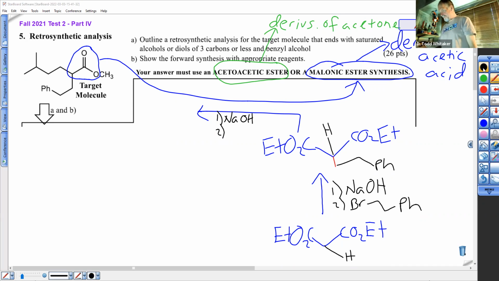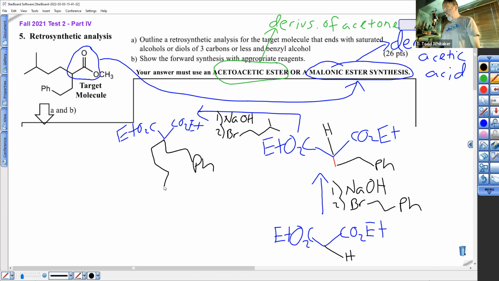Why not? Br, 1, 2, 3, 4 with a V on it. And there, you've got this lovely guy right here. Doesn't quite look like the target, but we're getting closer.